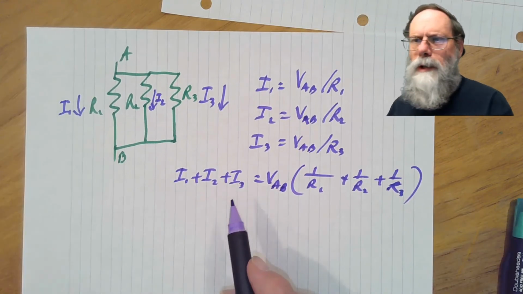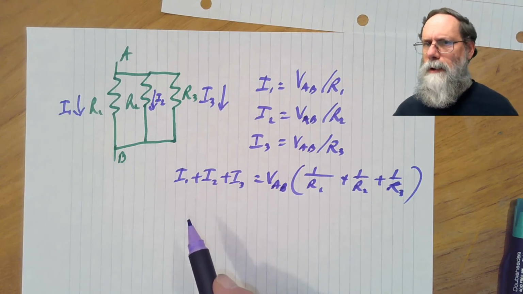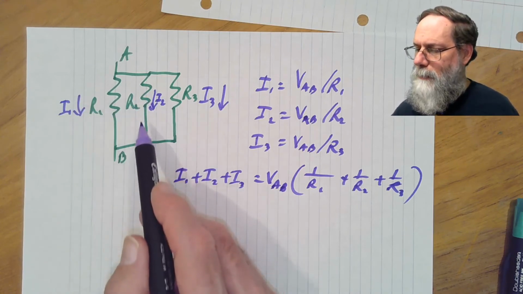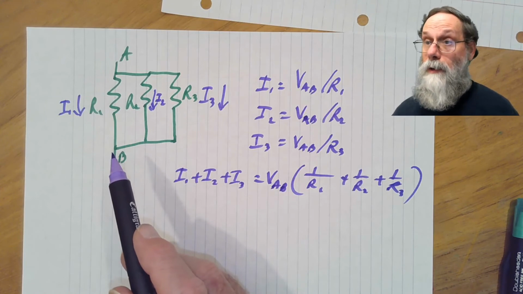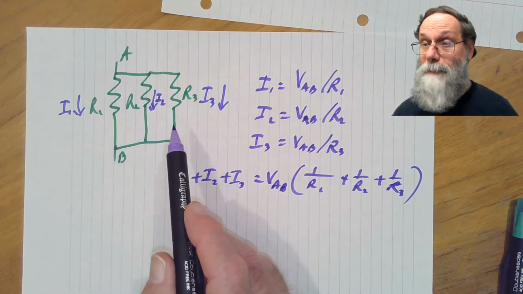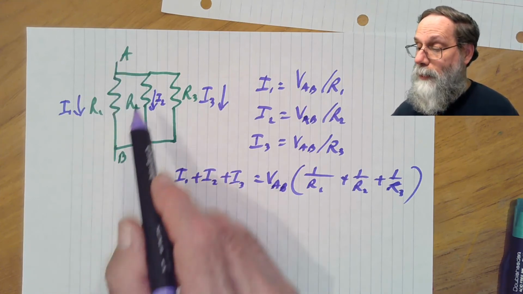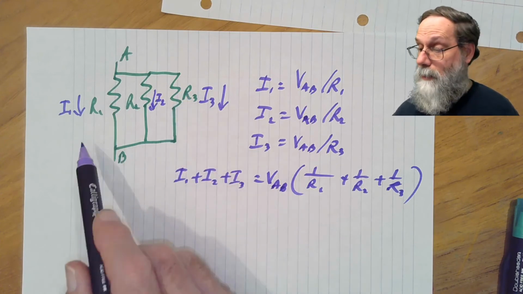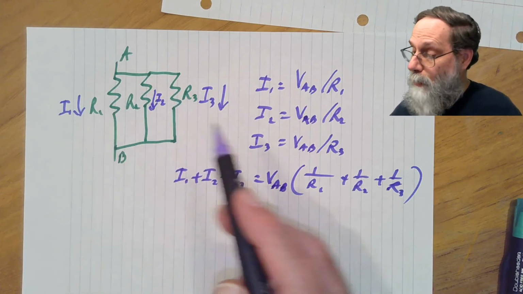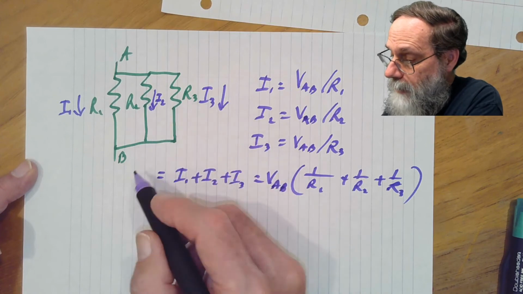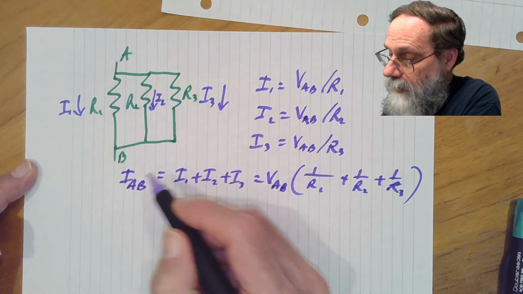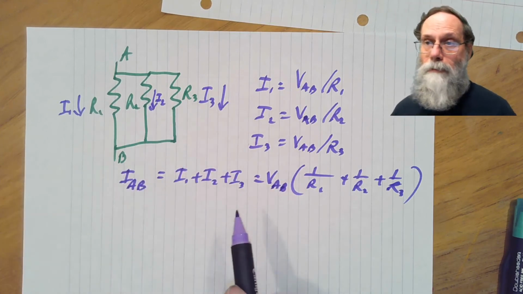Now, what is I1 plus I2 plus I3? Why are we adding those currents? Well, these currents are all in parallel. If you think in terms of the hydraulic analogy where we had a bunch of pipes in parallel, the flow through each one adds to the flows through the parallel ones. So the total flow from A to B is the sum of the flows through each of the different branches it can go through.